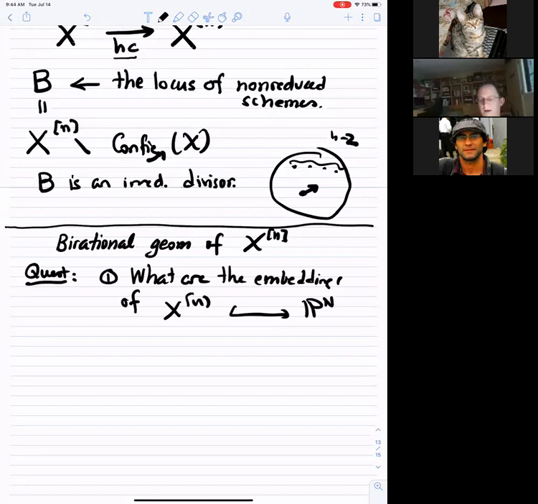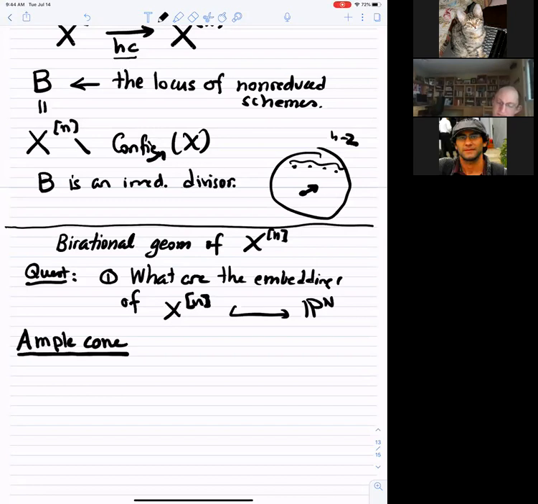Say that I want to understand the embeddings of this Hilbert scheme into projective space. In order to understand this, there is something called the ample cone.